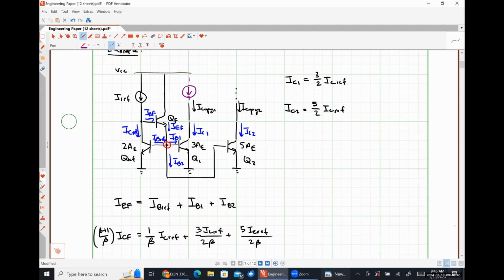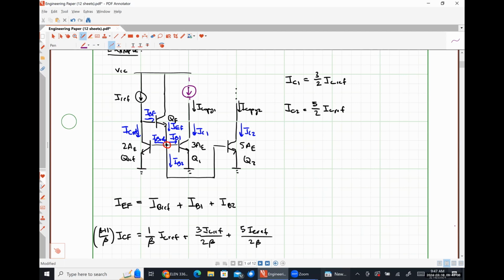Any BJT can be thought of as a current-controlled current source: IB is in, beta times IB is the collector current. We are using the voltage-controlled current source model, where the base-emitter voltage is what's providing our current.